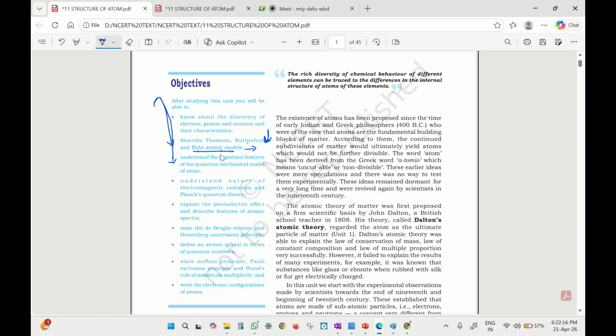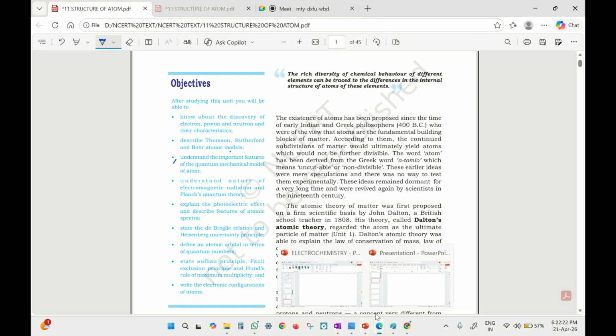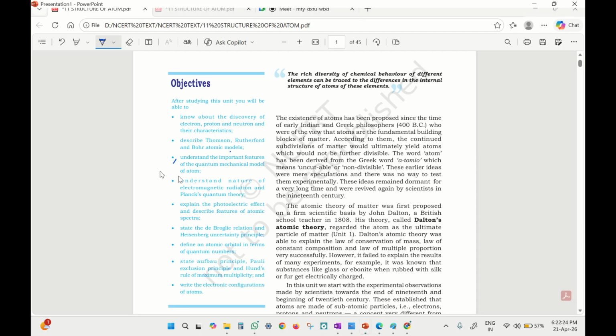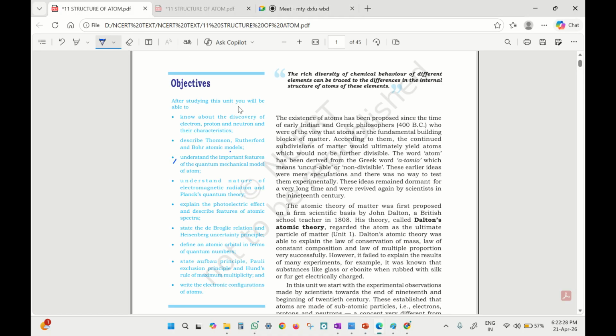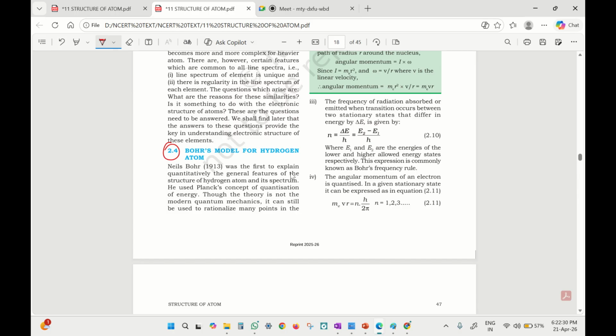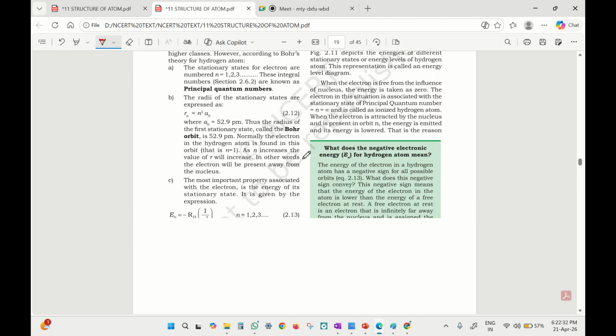So we will understand the electronic configuration today. To understand the electronic configuration, I told you the quantum mechanical model is going to help. What is the quantum mechanical model, and what is the treatment of an atom under the quantum mechanical model?